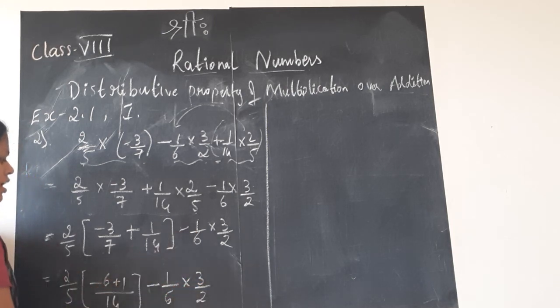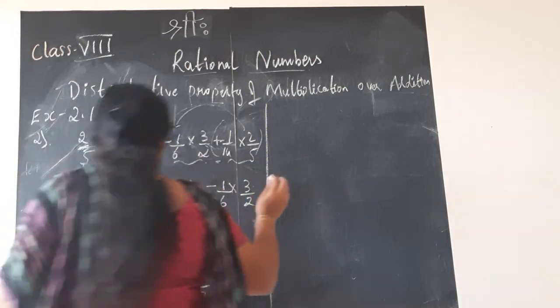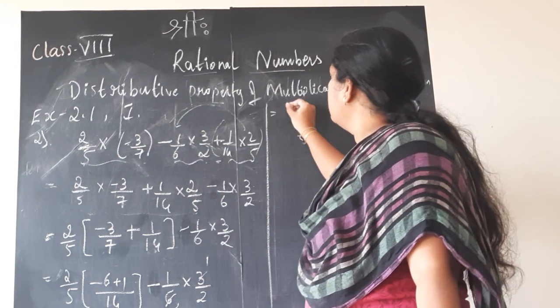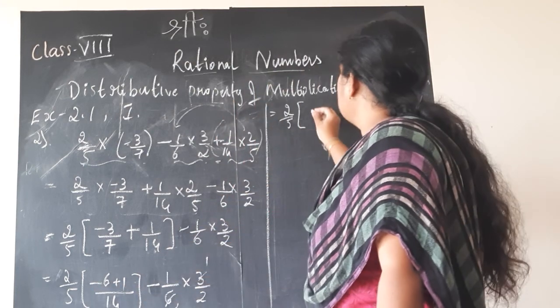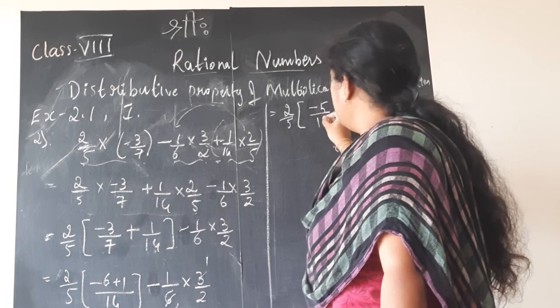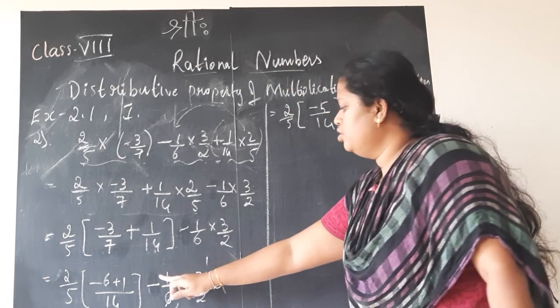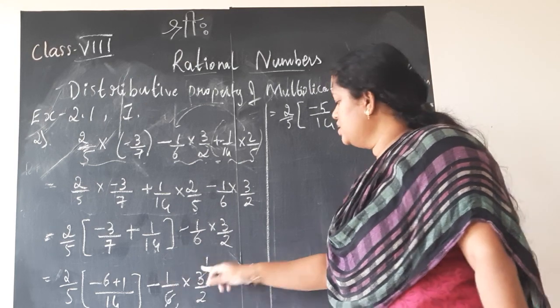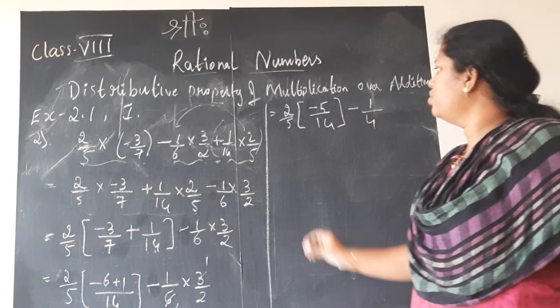Here, children, see, 3 ones are 3, 3 twos are 6, I will cancel off. Simply why keep on writing big numbers. Now 2 by 5 as it is, minus 6 plus 1 is minus 5 divided by 14. This minus as it is in the numerator, 3 ones are 3, 3 twos are 6 gone, so 1 into 1 is 1, 2 into 2 is 4, minus 1 by 4 I have.